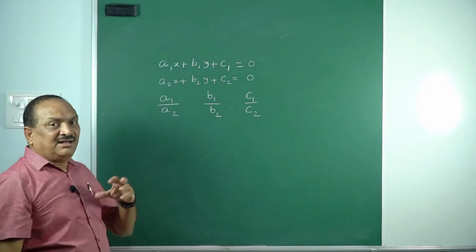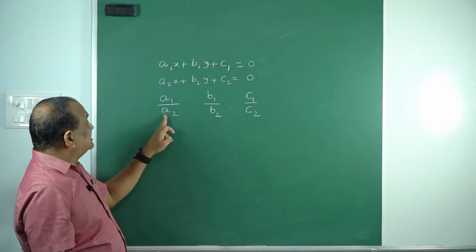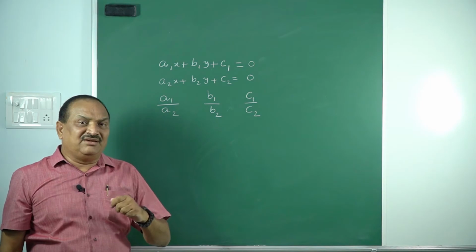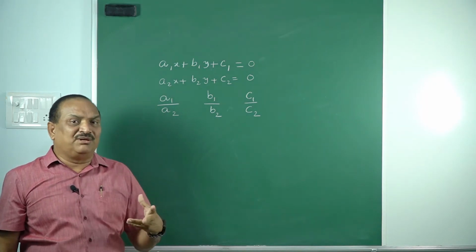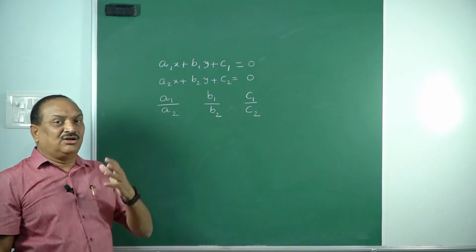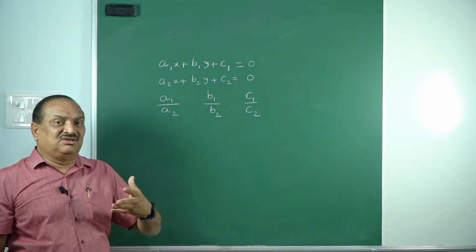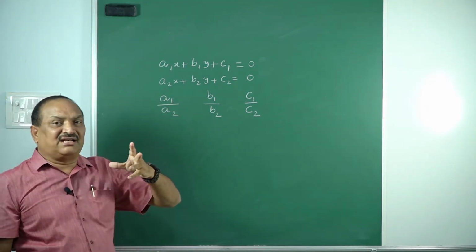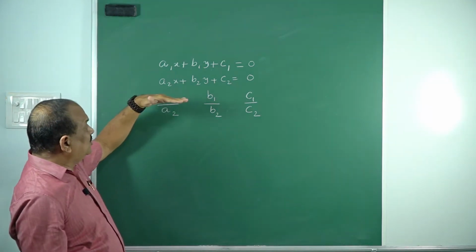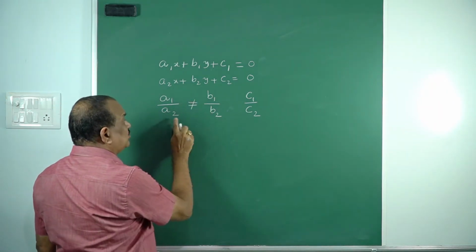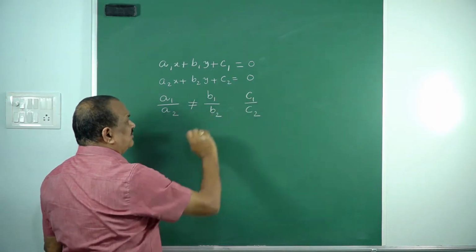Now if the first two are not the same, if a1 by a2 is not equal to b1 by b2, if these two are different, don't bother about c1 by c2.